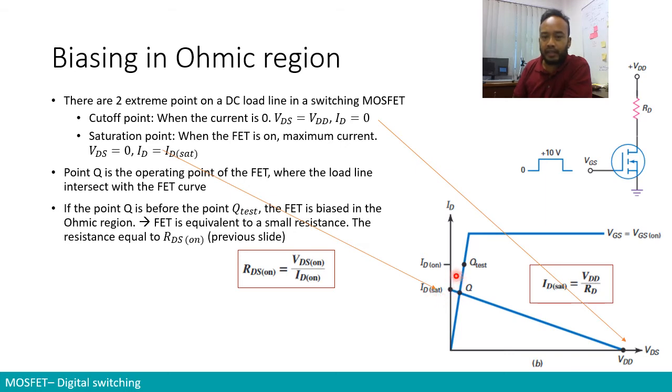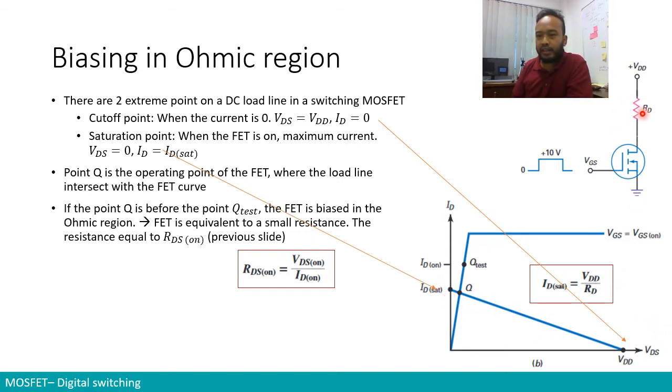If the current flows directly without any resistance, therefore there will be no potential difference between drain and source. So we are at a position of zero voltage, but the current is maximum at saturation current. So we would have basically this load line.